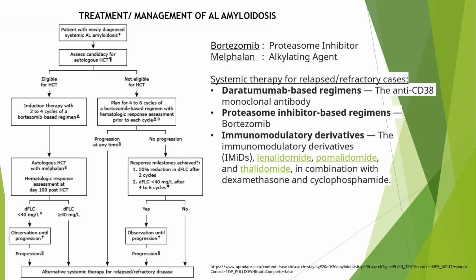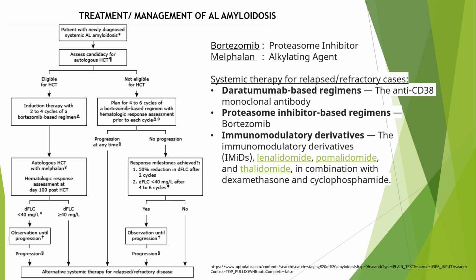But first, we'll be talking about those candidates who are not eligible for transplant. We're going to be planning 4 to 6 cycles of a bortezomib-based regimen and we'll be assessing the response prior to each cycle. We will be seeing if there's progression at any time. If there's progression, again we'll jump towards the systemic therapy for relapsed or refractory cases, which includes a daratumumab-based regimen.